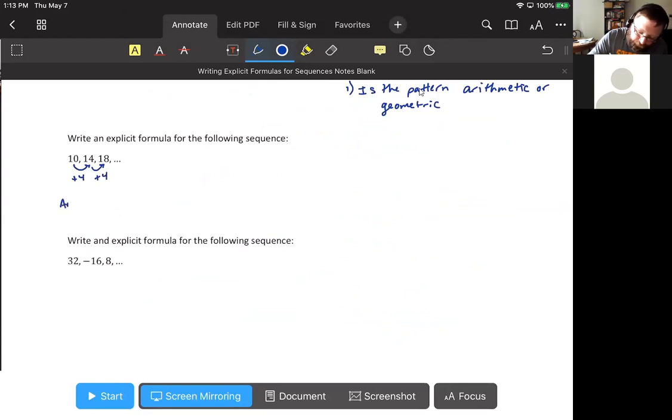So that tells us it's arithmetic, which means a sub n equals a sub 1 plus d times n minus 1, sorry. Your d value is positive 4, and your a sub 1 is 10. The first term is 10, okay?